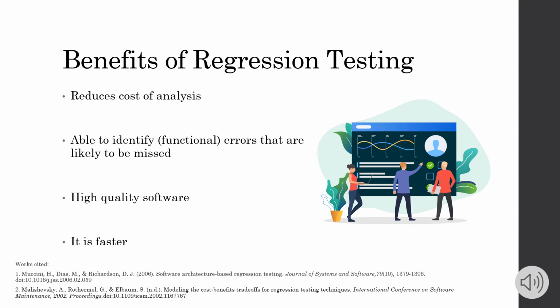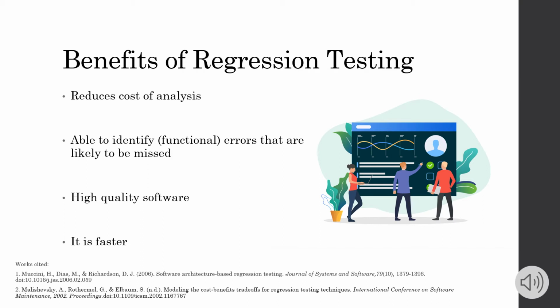It is also able to identify errors, like functional errors that are likely to be missed when applying traditional code level testing. By doing this, the bugs in the program are detected earlier by the firm, because anytime there's a change in the software, it's gone through and the bugs would be detected earlier, which would save them more money than if they were to find the bug in the future.